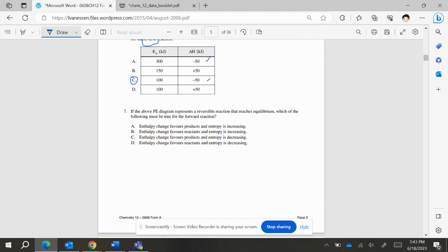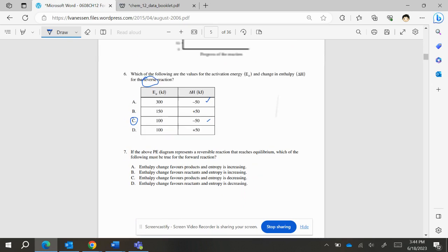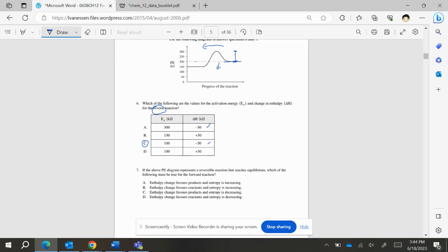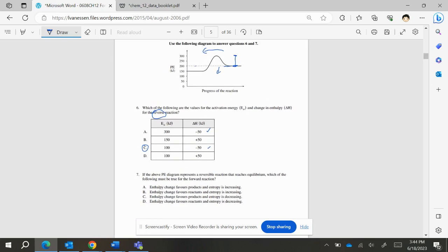Okay, number 7. If the above potential energy diagram represents a reversible reaction that reaches equilibrium, which of the following must be true for the forward direction? We don't really know what's going into this reaction, but we do know the change in enthalpy.